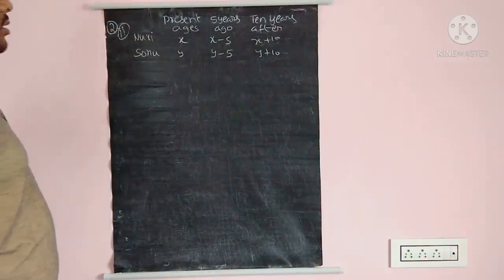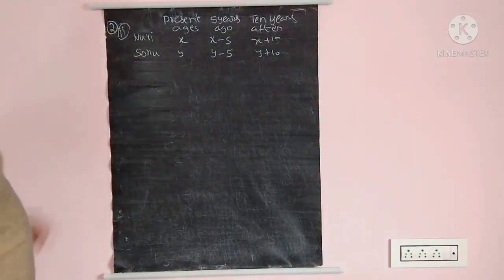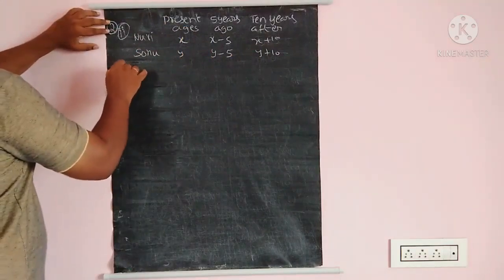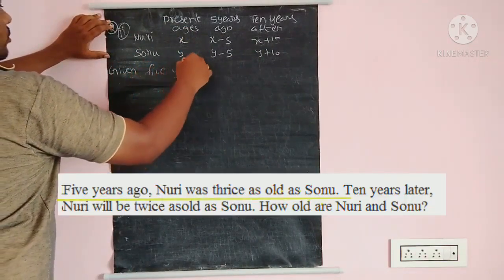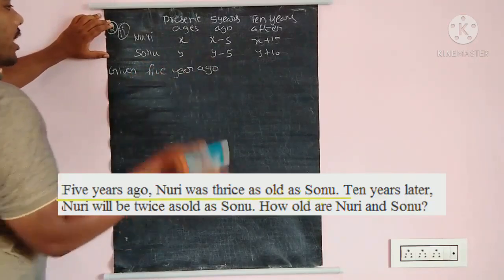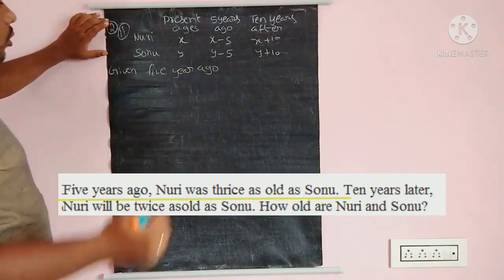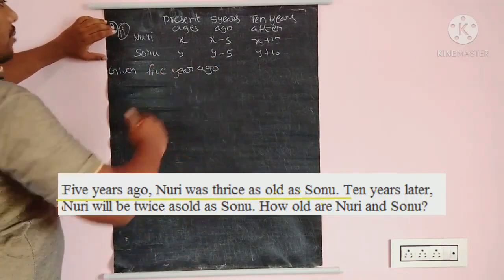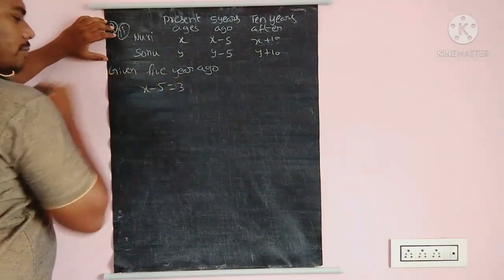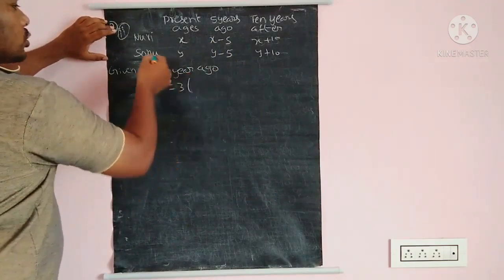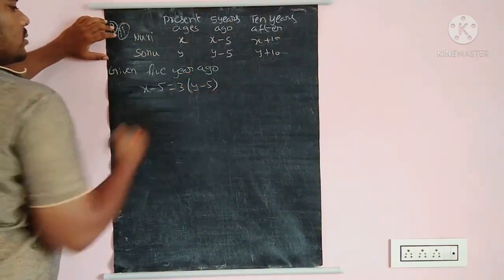Now coming to the question, 5 years ago Noori was twice as old as Sonu. At that time Noori's age is x minus 5, twice Sonu's age at that time, y minus 5.